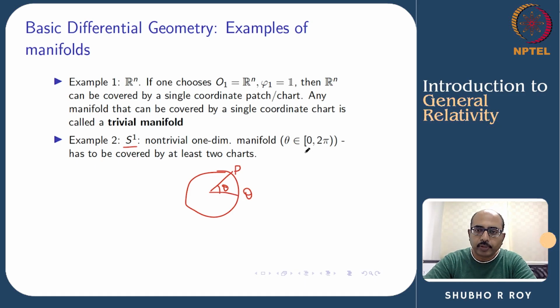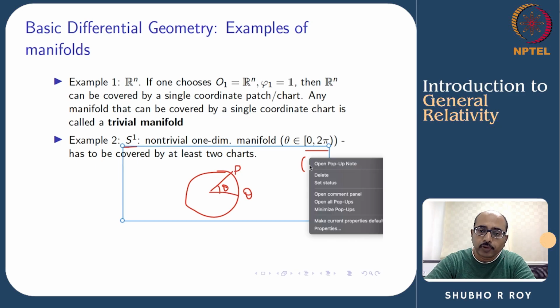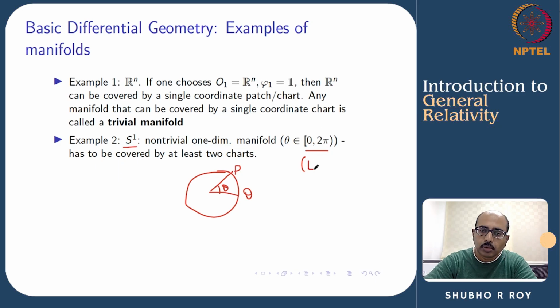However, this is not going to be an open set of R1, because this interval 0 to 2 pi with 0 included, but twice pi is excluded, half closed, half open. This is not an open set. This is not an open interval, hence it is not an open set in Rn. Okay. You might say, well, what prevents me from taking this open interval 0 to twice of pi?